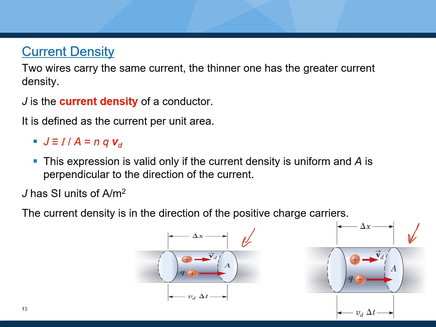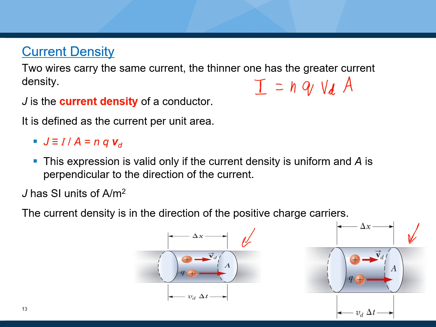So we can say that I, the current in the wire, is just equal to the number density of charge carriers times the charge on each of those charge carriers times the drift velocity V sub d times the cross-sectional area A. So notice that in fact the number density is independent of anything else.